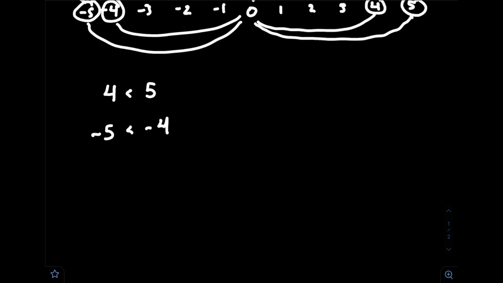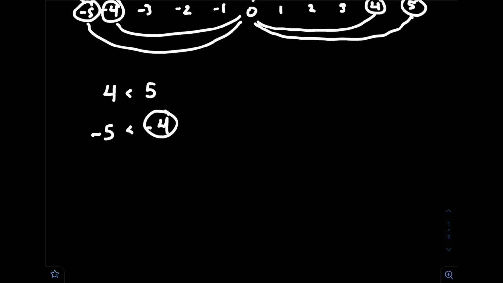And you'll also notice that it's the same inequality. You're dealing with some number being less than another number. That is for both inequalities in this case. However, when looking at the numbers in place of these inequalities, for this first one, we have 4 first and then 5. For this next one, it's -5 and then -4.